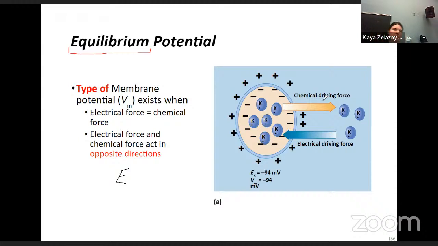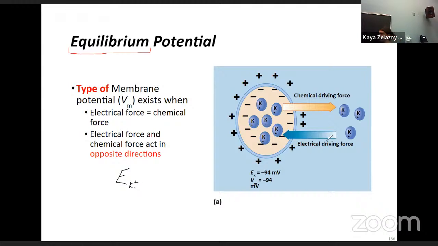So when we're thinking about the chemical driving force of potassium in this example, we're just looking at the concentration of potassium inside and outside the cell. We don't care about the concentration of sodium. We don't care about the concentration of glucose. We're just tracking potassium. So that means that when we look at this sum together, we need to be specific. So we'll have an equilibrium potential for potassium specifically.